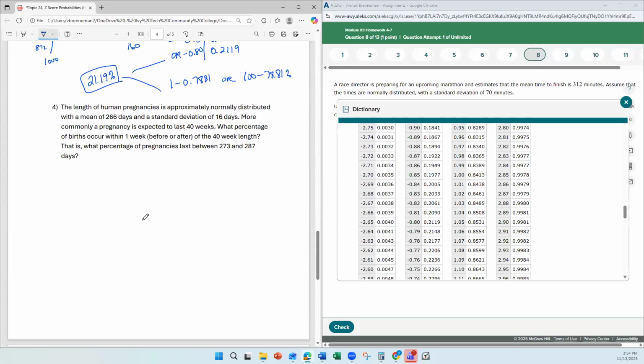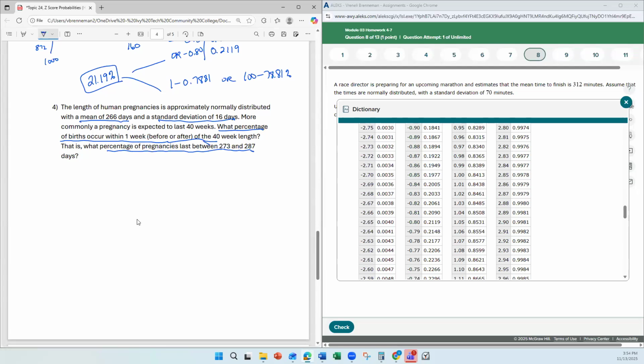Next example, the length of human pregnancies is approximately normally distributed with a mean of 266 days, standard deviation of 16 days. And we're looking for what percentage of births occur within 1 week before or after, or that is what percentage of pregnancies last between 273 and 287 days.